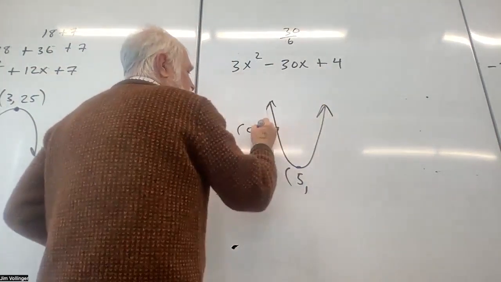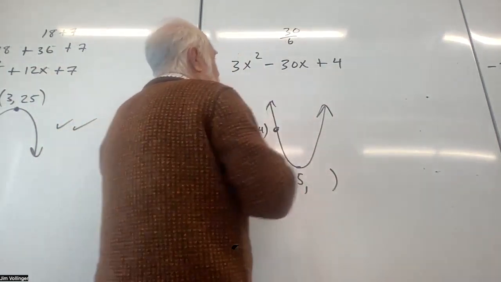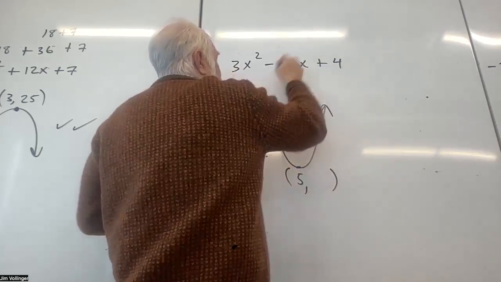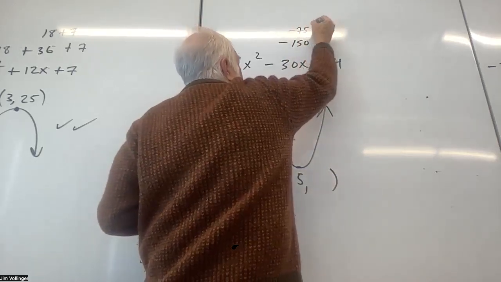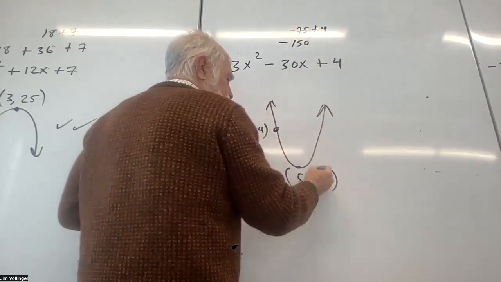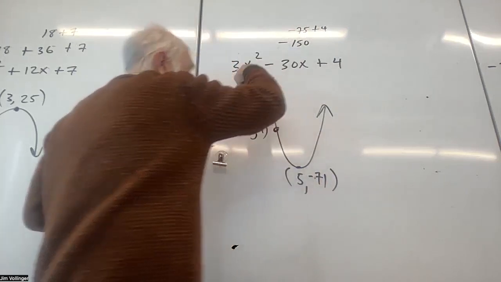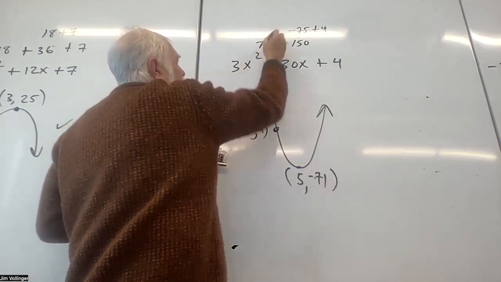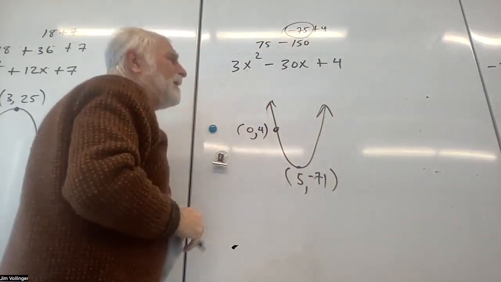And so 0 gets me 4. I just got to find out what gets me 5. So I drop it in. That's minus 150. Cut in half is minus 75 plus 4 is minus 71. Of course, it's useful to maybe put a 5 in here, which is 75. Oh, yeah, 75 minus 150. Yep, seems to be a pattern there.